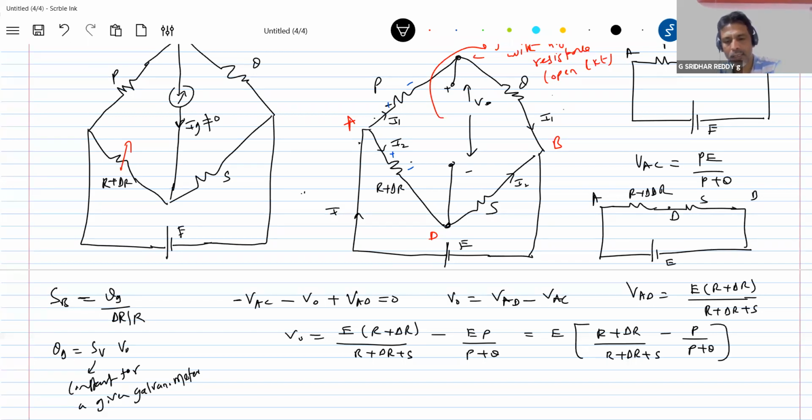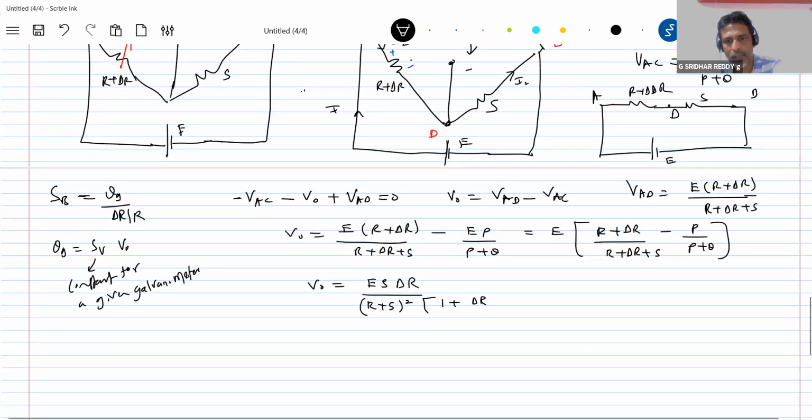Solving this, to save time, let me directly go to the one step after solving all this: one plus delta R by R plus S. After simplifying all, I'll end up somewhere like this. This is the equation.